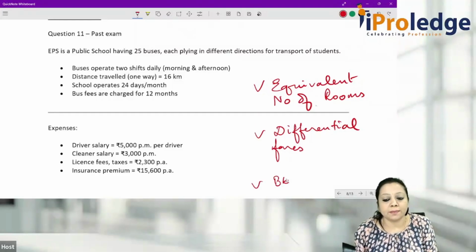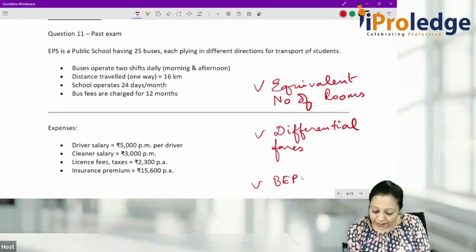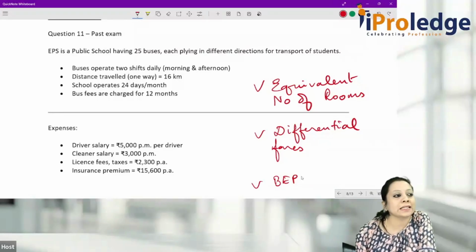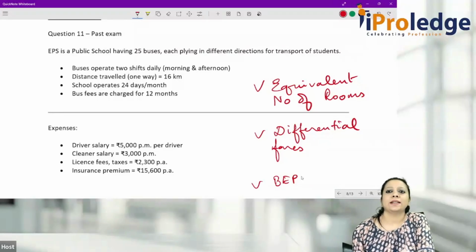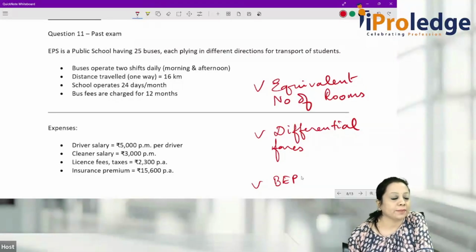Then sometimes they ask BEP in this context also. So that is also something that I want all of you to have in the checklist. Hotel industry and hospital industry, like that, I don't want to give you a checklist. These are the main things that you have to look into before we proceed.